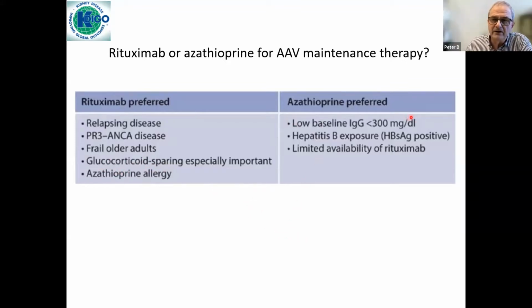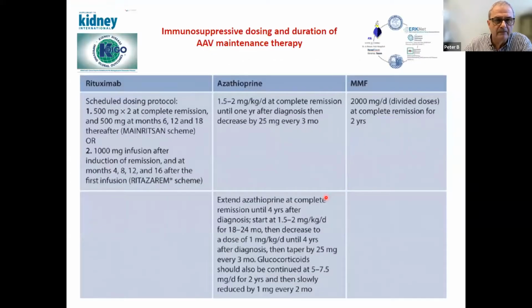And if you have hypogammaglobulinemia, then you can use azathioprine. So there are the dosing protocols every 6, 12, and 18 months, or there is another protocol every 4th month with rituximab, and azathioprine 1.5 to 2 milligram per kilo.